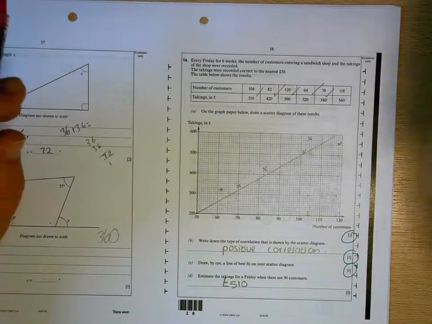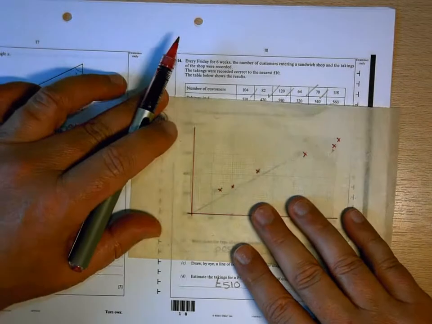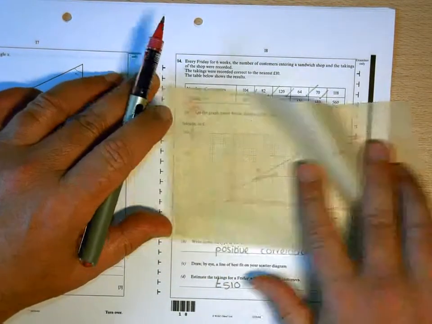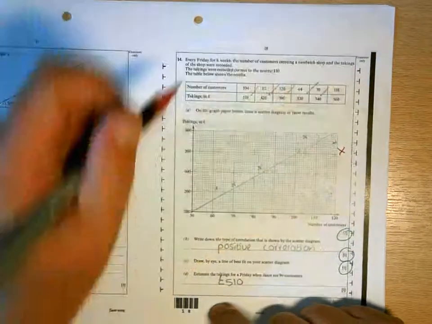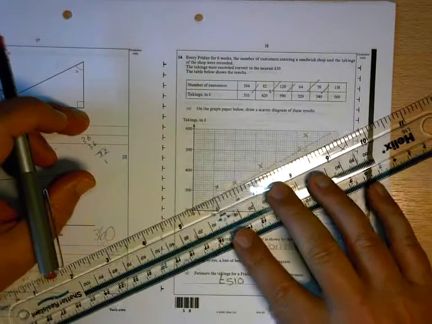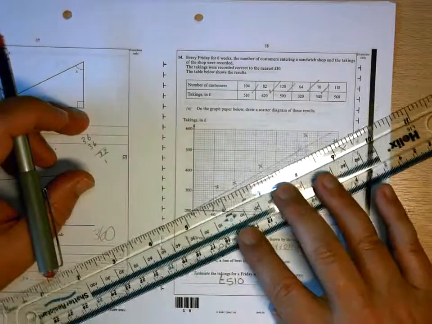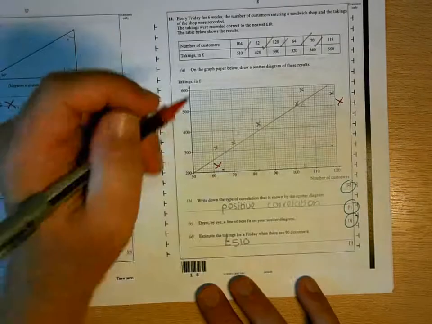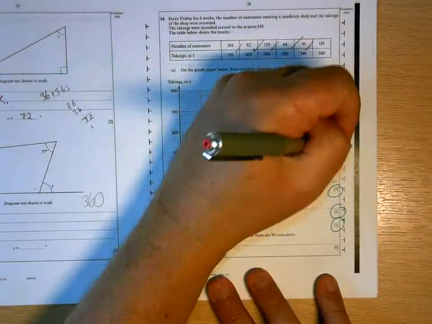With this one, some of your points are in the wrong place. So again, your plotting is wrong. Your line of best fit also needs to go at roughly the same kind of slope as your points. So your line of best fit isn't good enough either. The positive correlation is correct though.